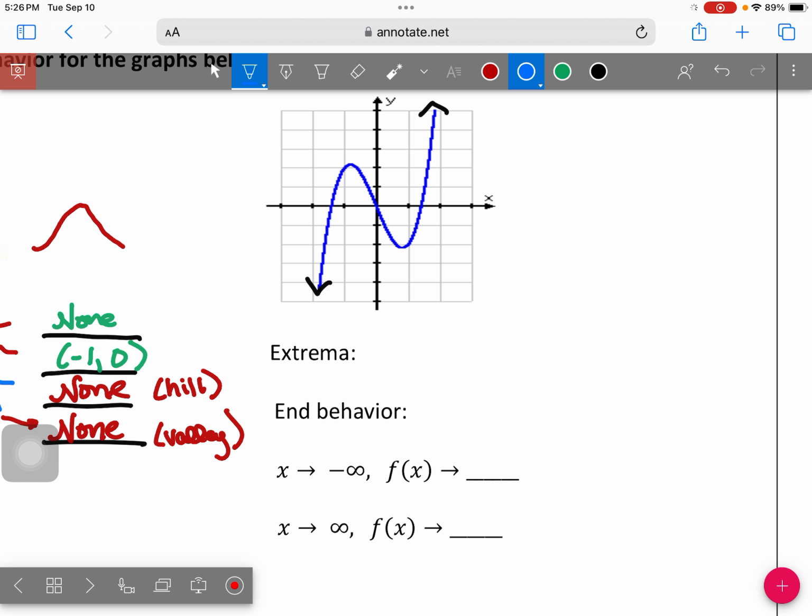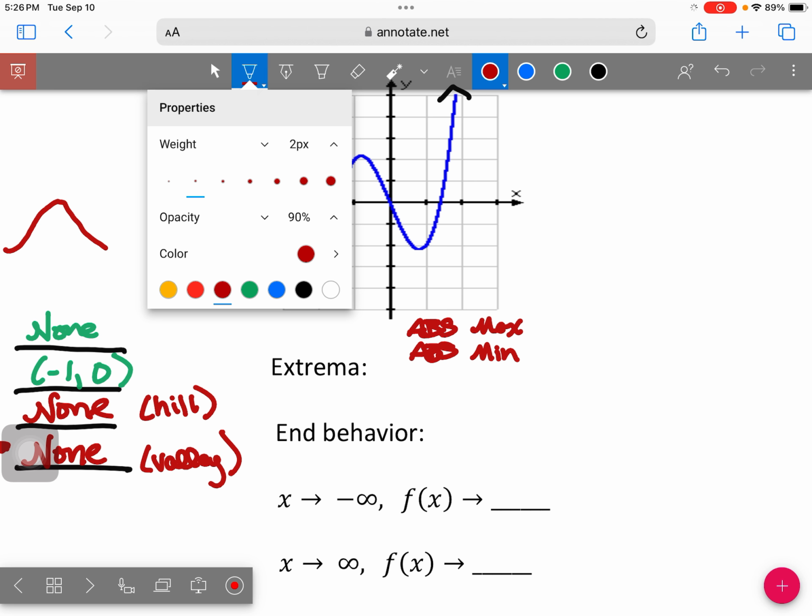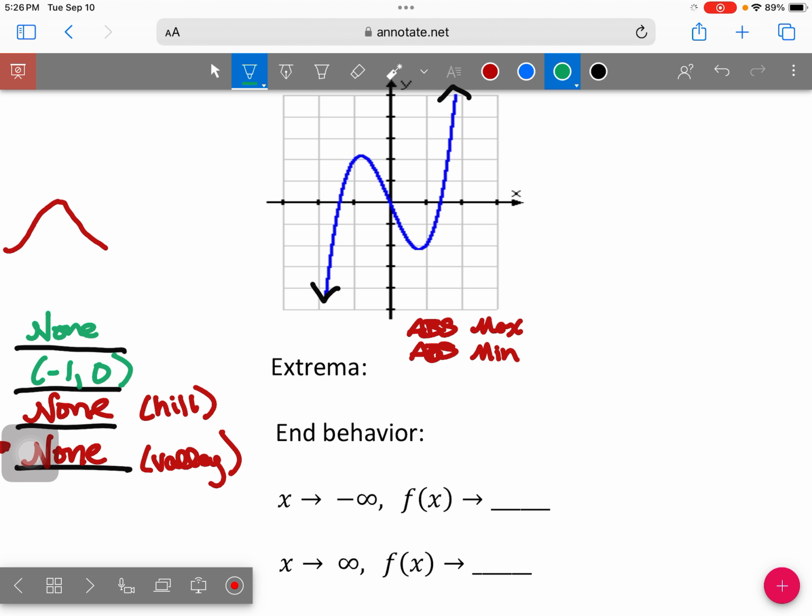Okay, so extrema. Again, I know I have an absolute max. I don't necessarily have these, but these are my options: an absolute max, an absolute minimum, a relative max, and a relative minimum.